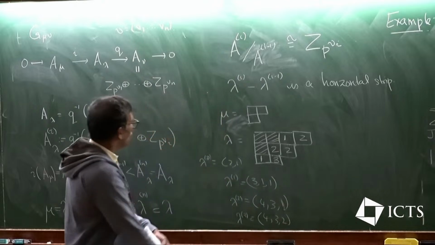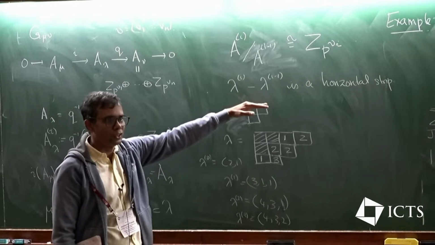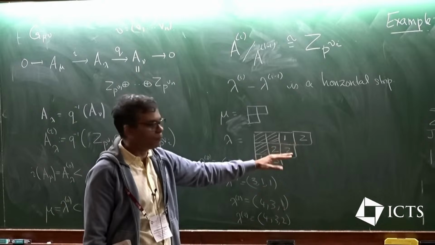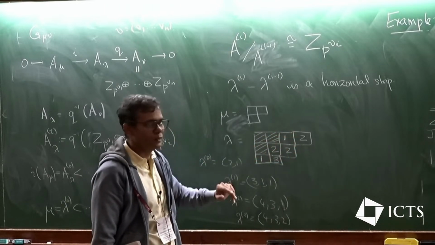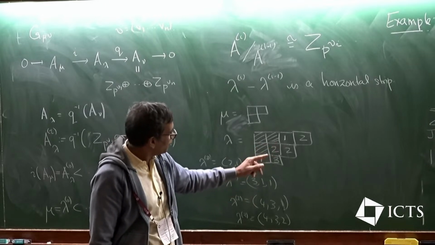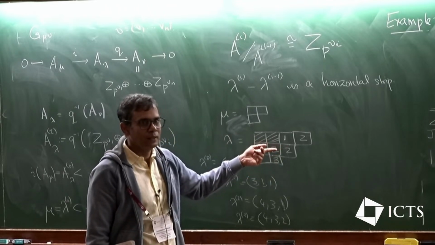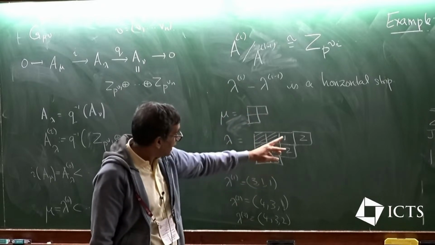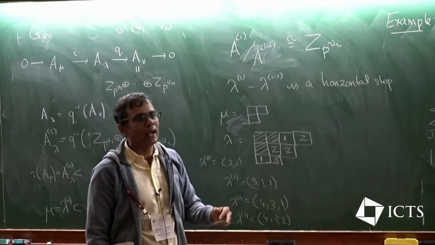So a chain of partitions such that each difference is a horizontal strip can be coded by this sort of picture by putting numbers in the cells of lambda that are not in mu. What you'll observe is that these numbers will be weakly increasing along rows, because you're putting them at each stage. You must have a partition, but they'll be strictly increasing along columns because at each stage you're adding a horizontal strip.